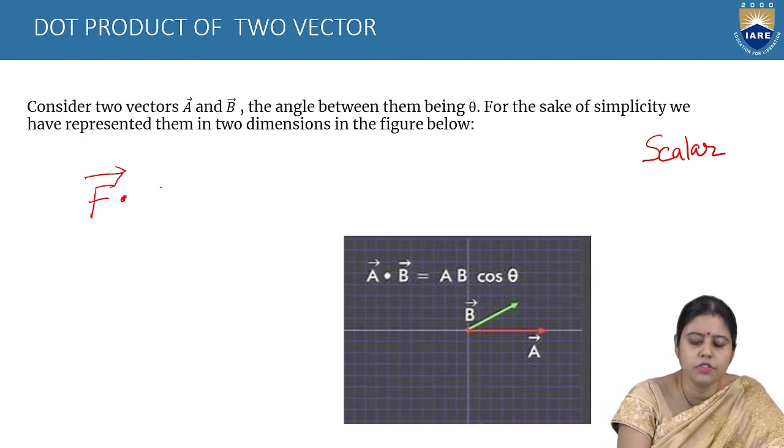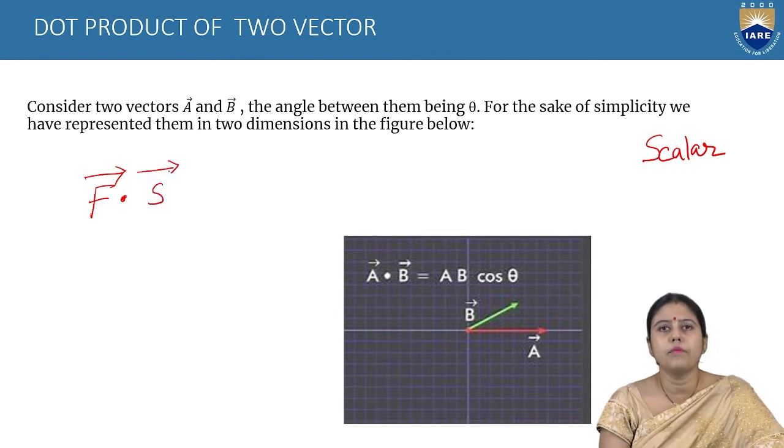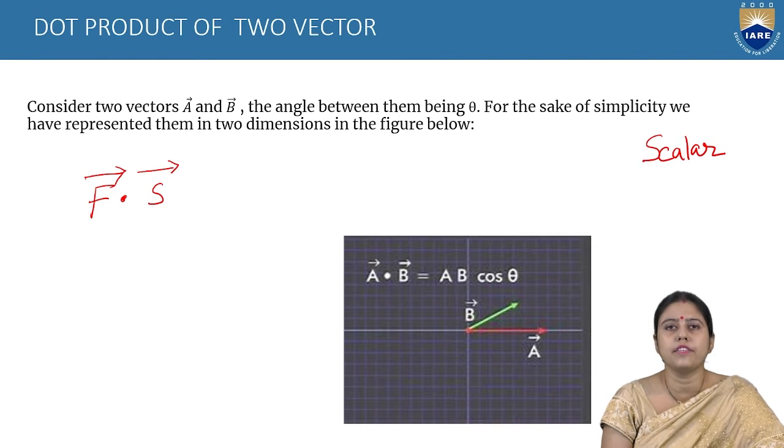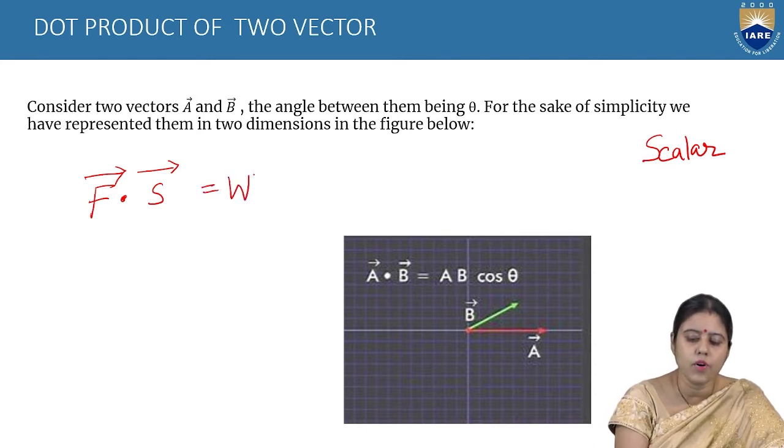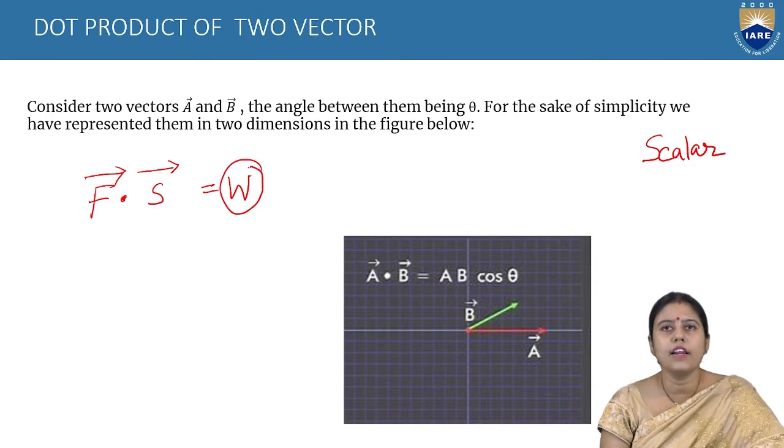Dot, we will write with dot S. What is the meaning of S? S is the displacement. So F dot S we can write as work done, and work done is a scalar quantity.